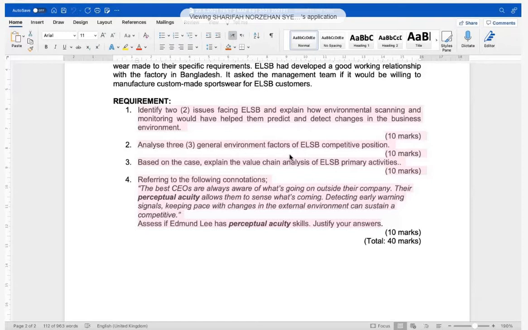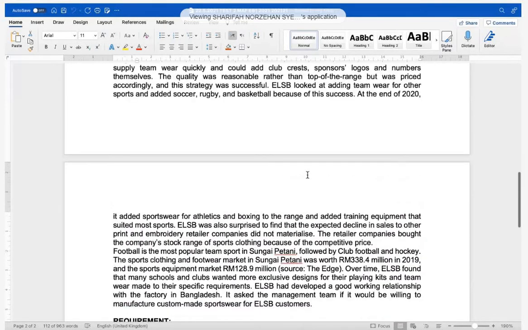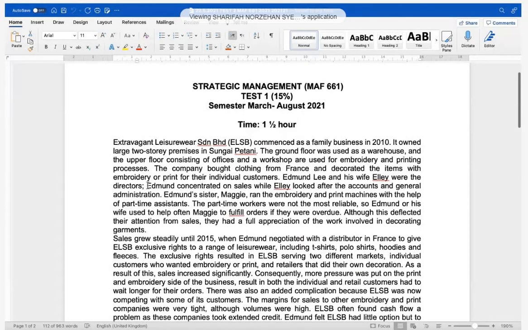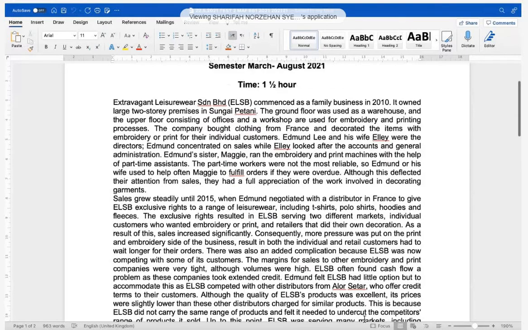Scan through the whole of these 4 requirements. Put a little bit of thought there on what would be the possible points that you are going to look for in the case. Once you are able to do that, as you read through, you will know what kind of points you are going to pick up, and they become the points for you to elaborate in your answer.